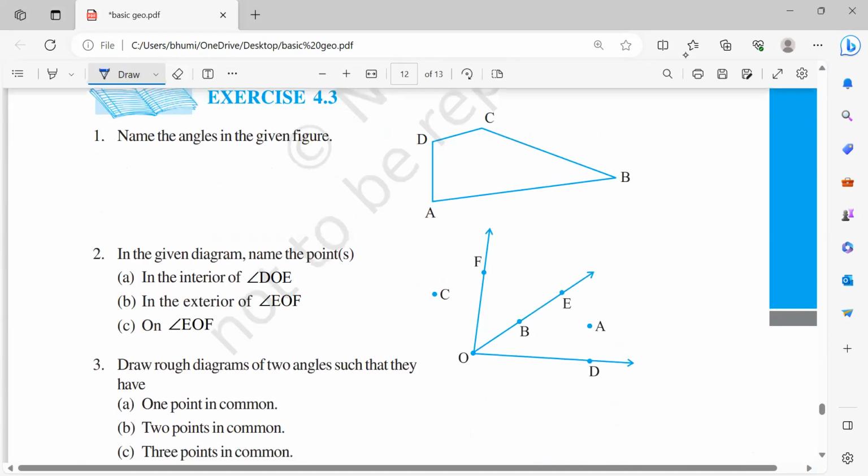Name the angles in the given figure. You have to name all the angles in this figure. The angles will be, just a minute.